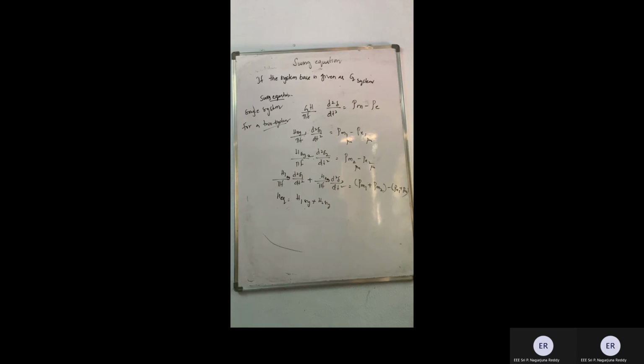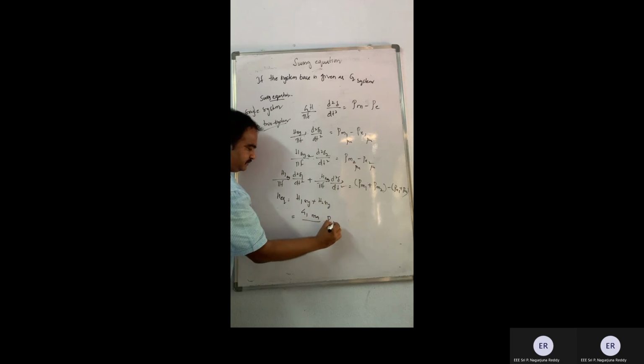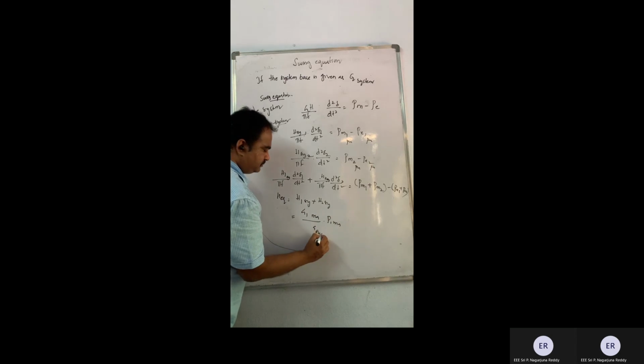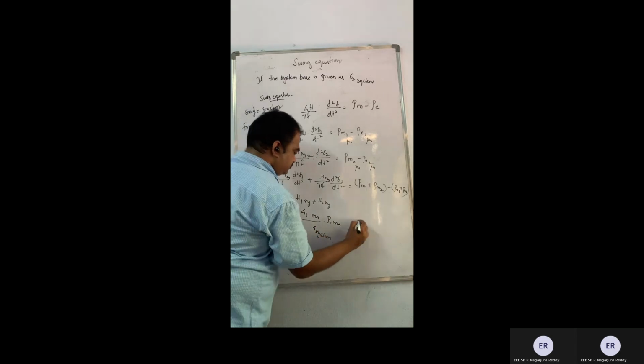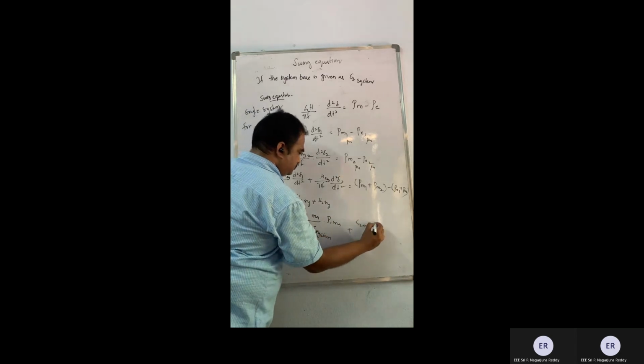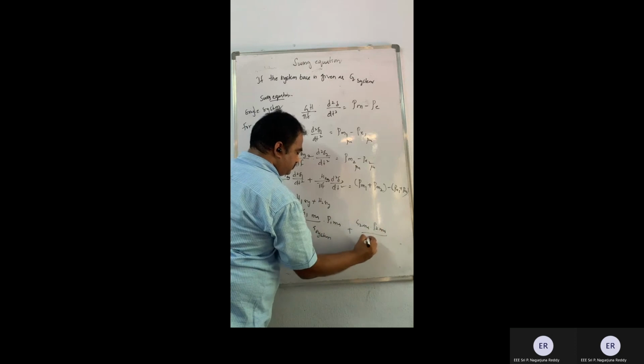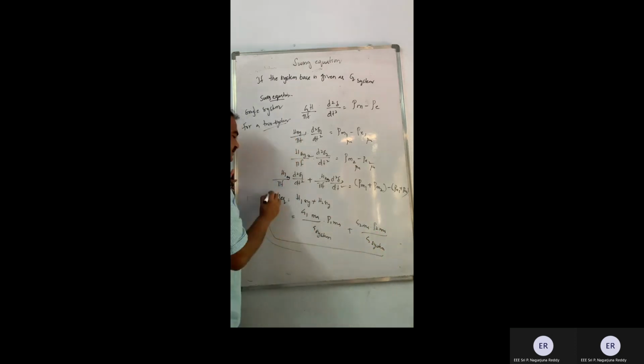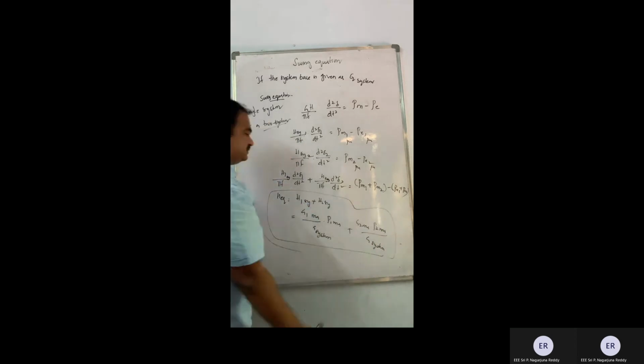They may be asking you for a two machine system how you will be computing this. This is the way how we compute H equivalent for a multi-machine system.